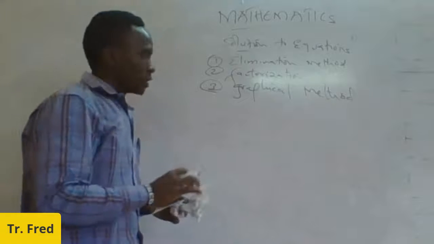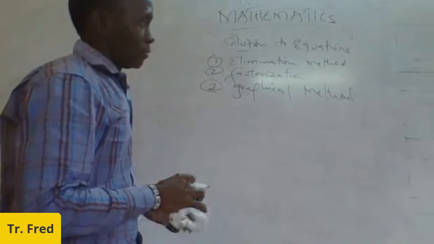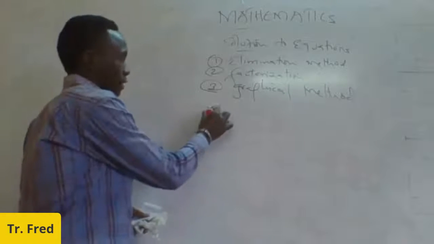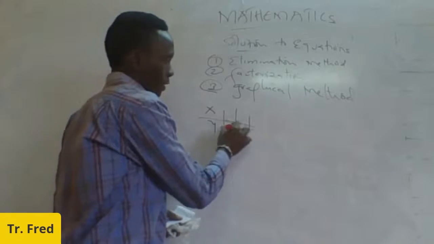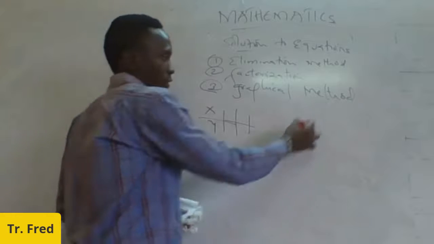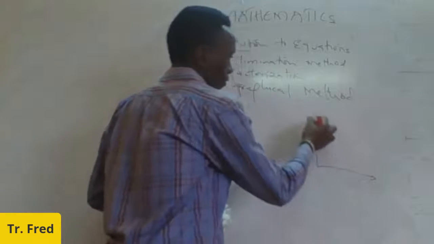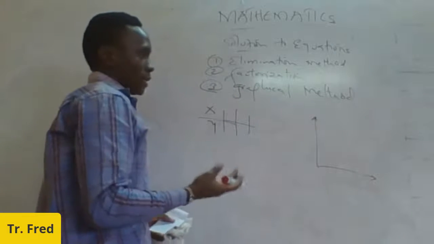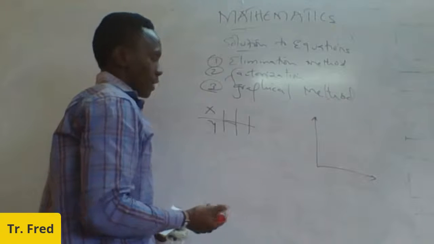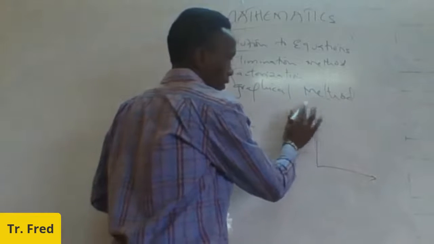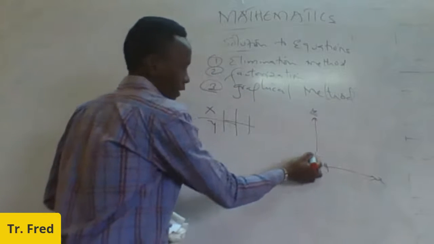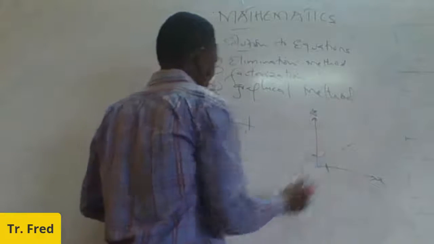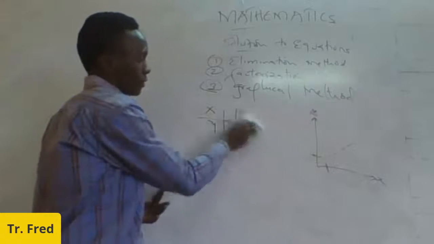For the graphical method, we must have a graph for us to plot given values of y against x, and different values will show the behavior of the graph and the line. As long as you label the y and the x axis, you plot values of x against y, and then trace your line and see how it behaves.